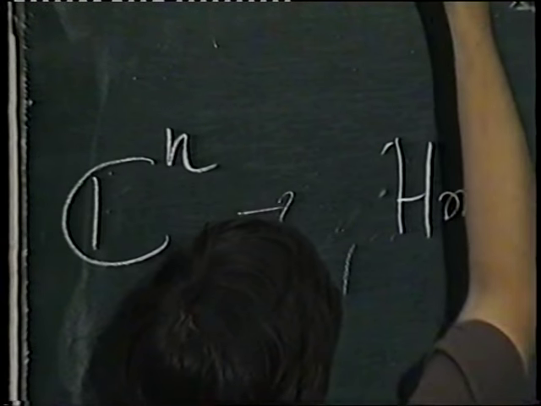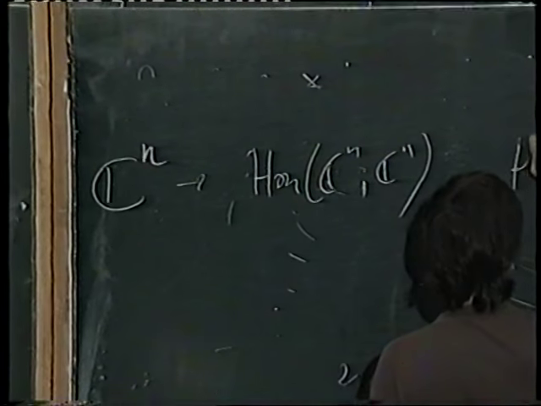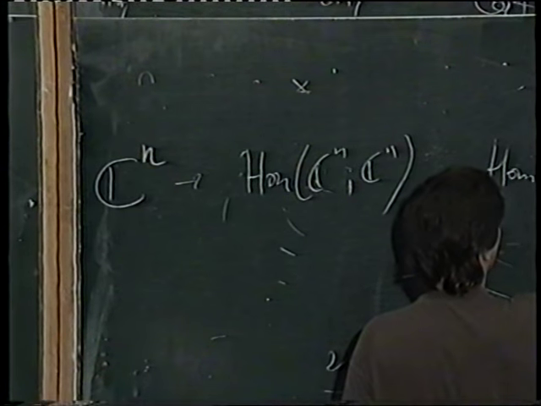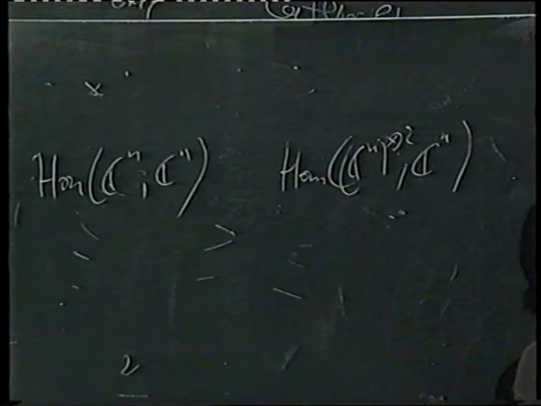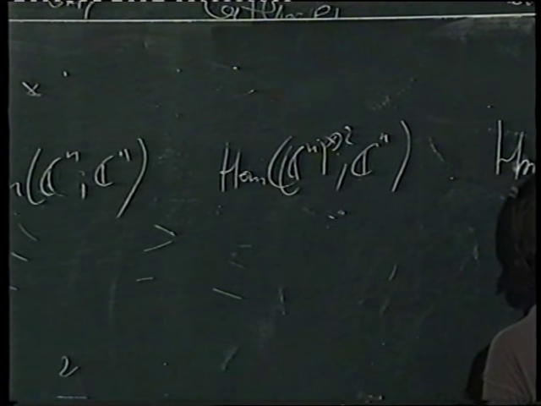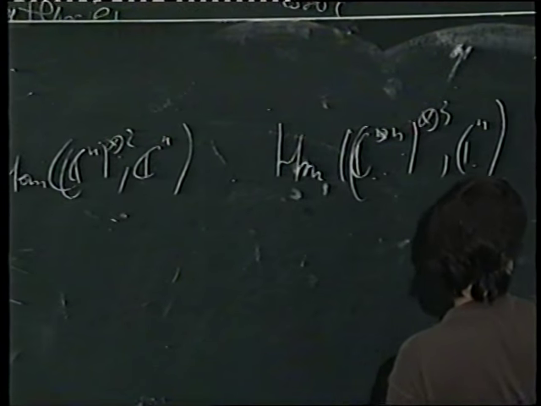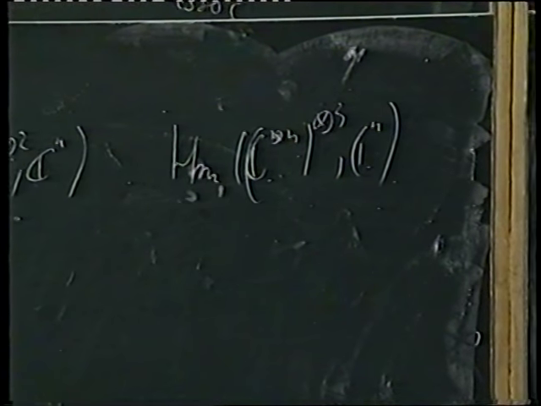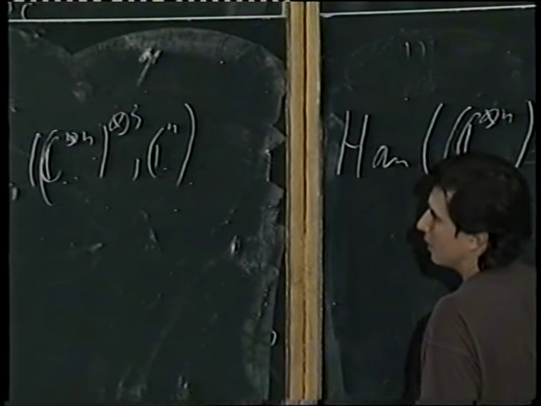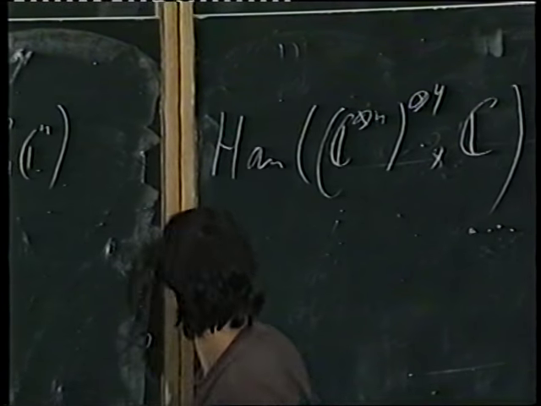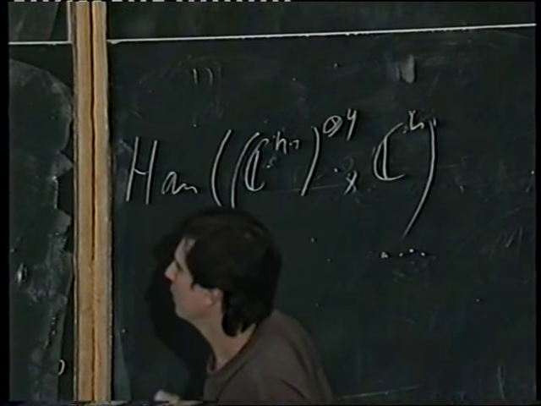Let's consider the tangent space to these things. We get Hom(C^n, C^n). So here I should write (C^n)^{⊗4} to C. Okay.